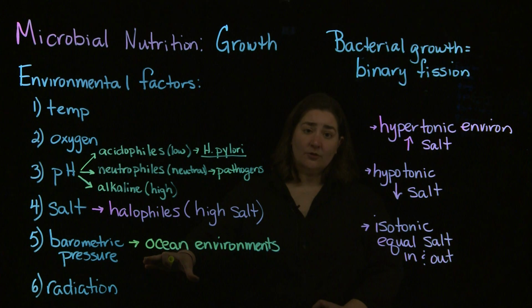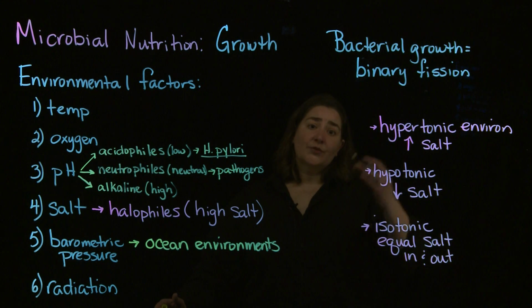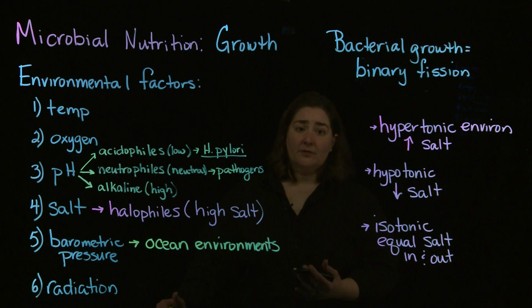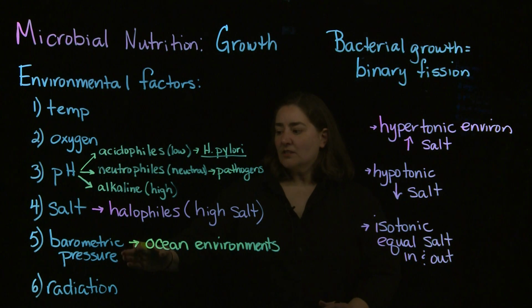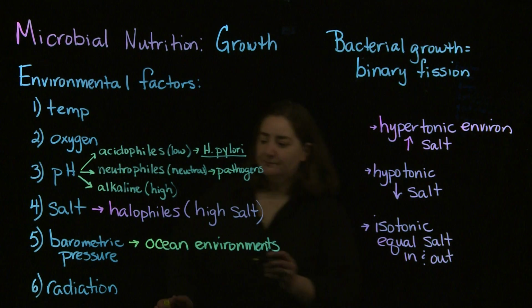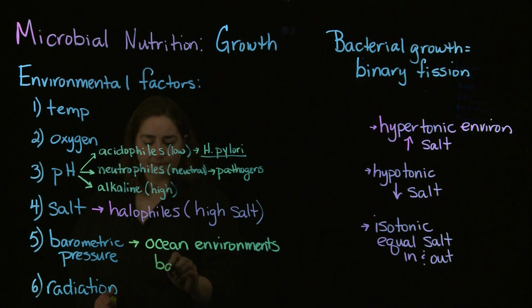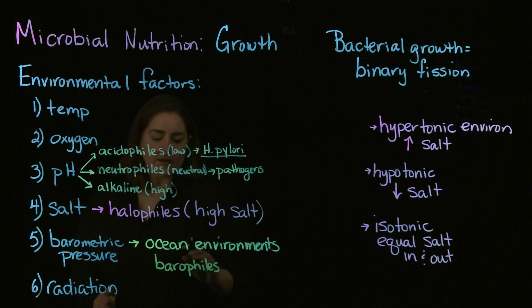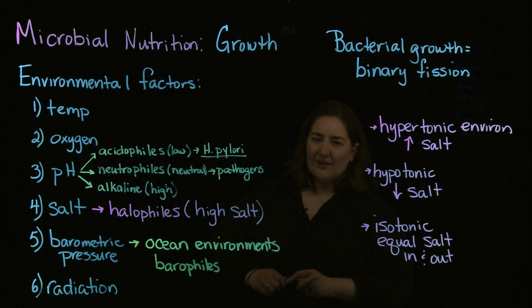You've got bacteria growing down there on the ocean floor. They've adapted to deal with the high pressure of being down at the bottom of the ocean, all right? So in terms of the barometric pressure, those are going to be barophiles. They're found typically in ocean environments.